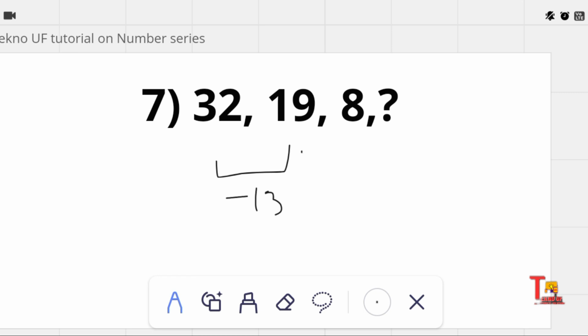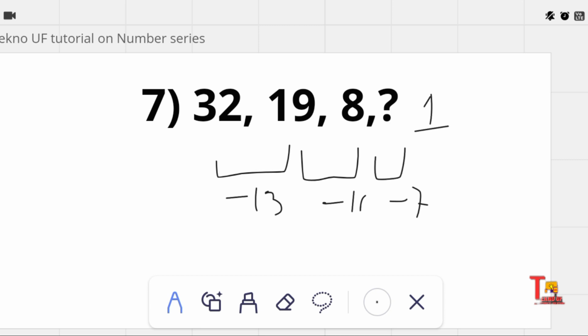And if you subtract 19 with 11, you will get 8. And after that, if you subtract 8 with 7, then you will get 1. You look at the sequence.